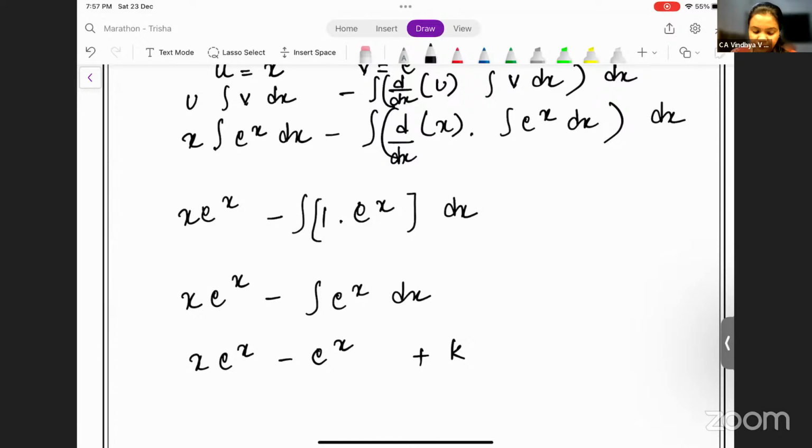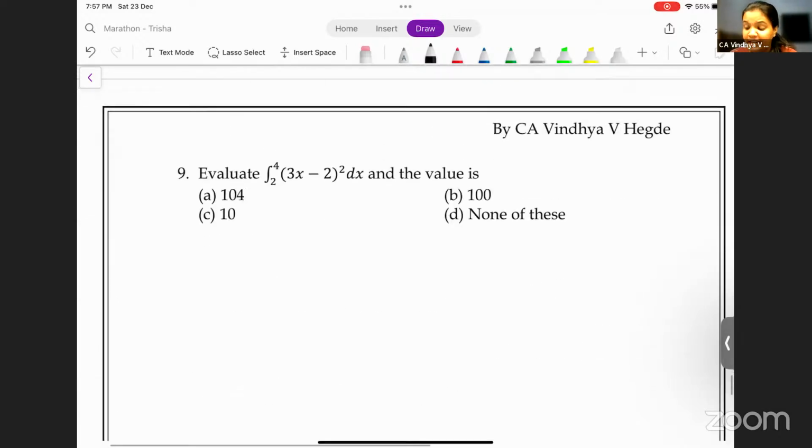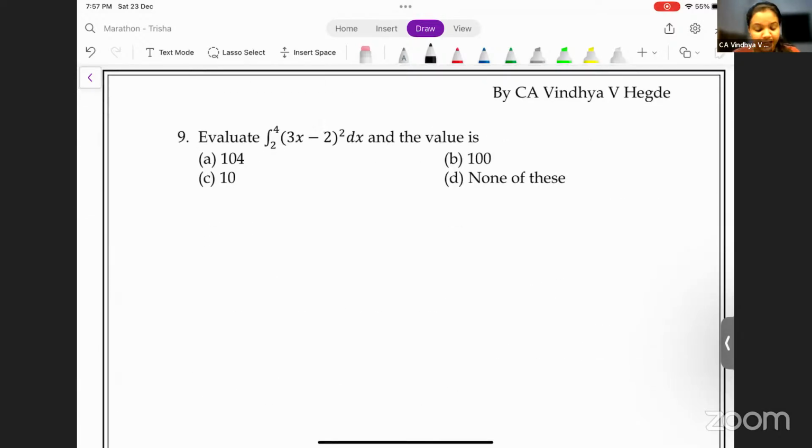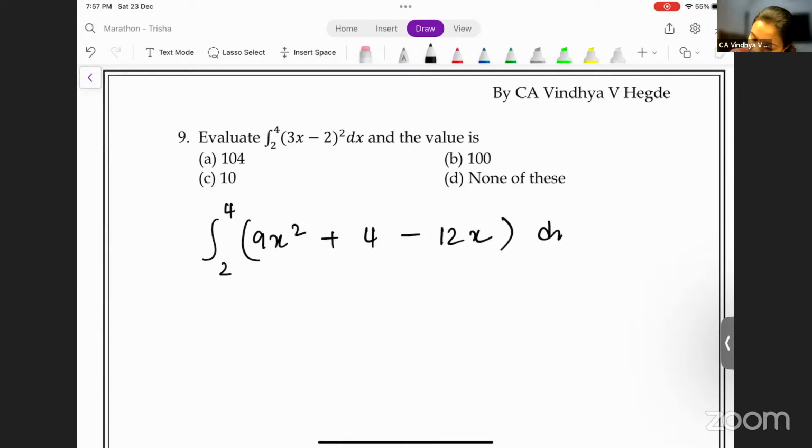All right. Next one is definite integration, where you're supposed to find the value. Now here you have 3x square minus 2 whole to the power 2. So integration of 3x square minus 2 whole square is in the form of a minus b the whole square, which is a square plus b square minus 2ab, dx.